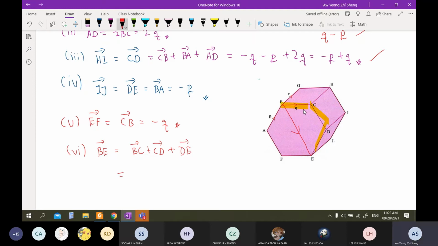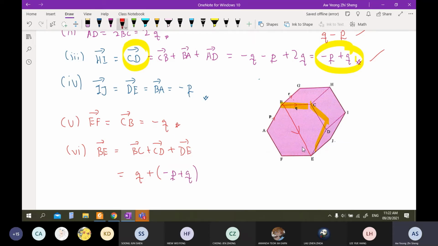What is BC? BC is Q. What is CD? CD has appeared before, in part 3, and so we can use that information. CD is minus P plus Q. And what is DE?